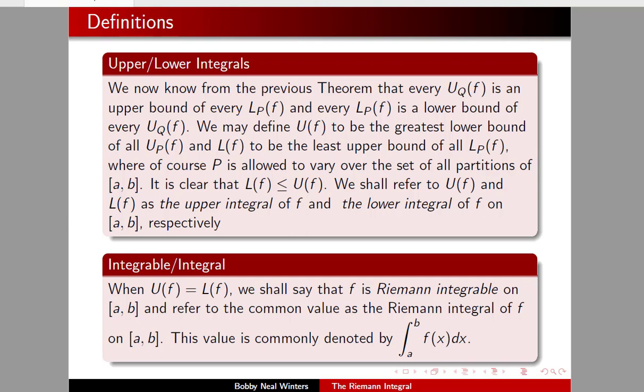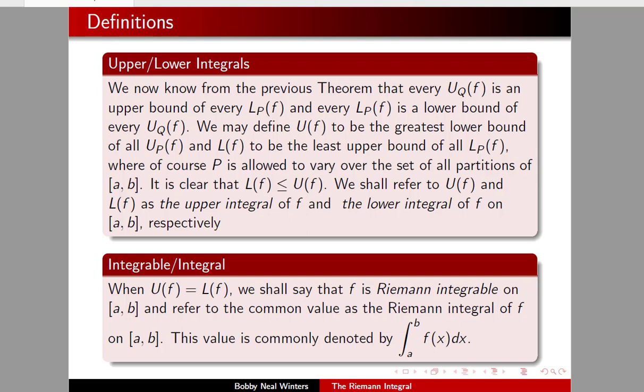It's clear that L of f is less than or equal to U of f. We shall refer to U of f and L of f as the upper integral of f and the lower integral of f respectively.